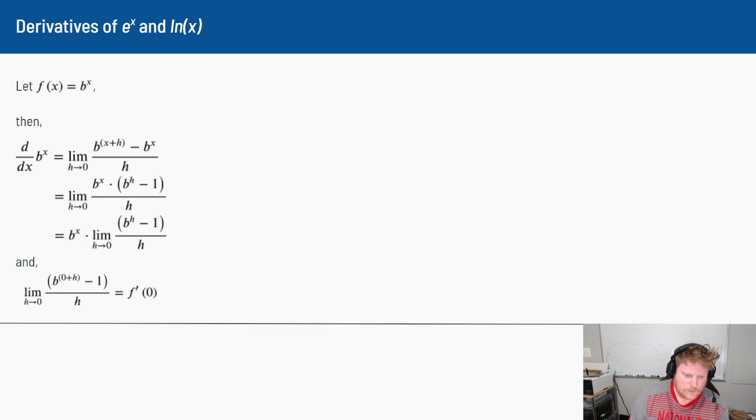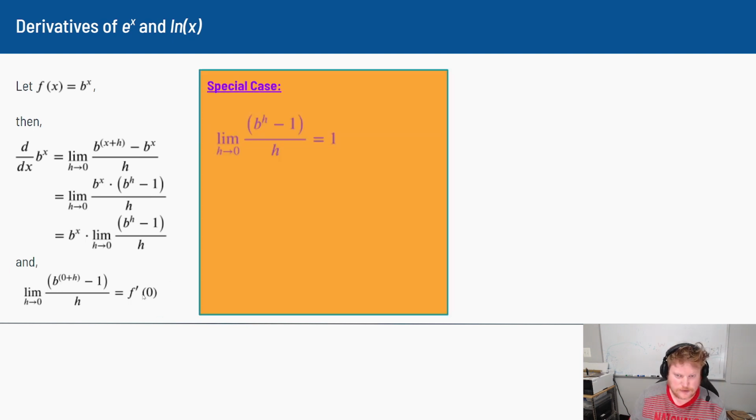So ultimately, what we have is that the derivative of an exponential function with base b is itself times the derivative of that function evaluated at 0. So what we'd like to do is examine the special case where that derivative is equal to 1.